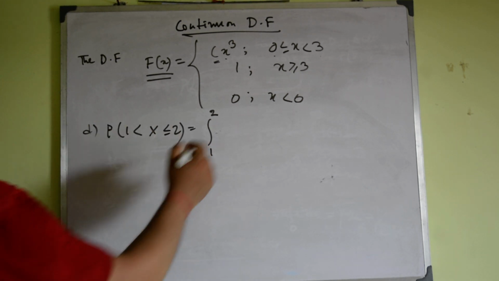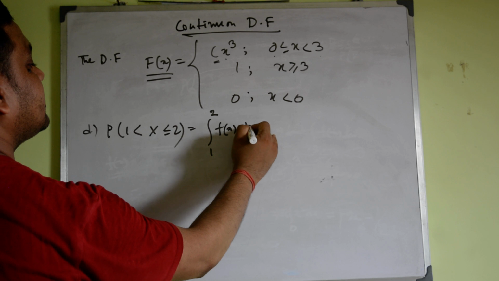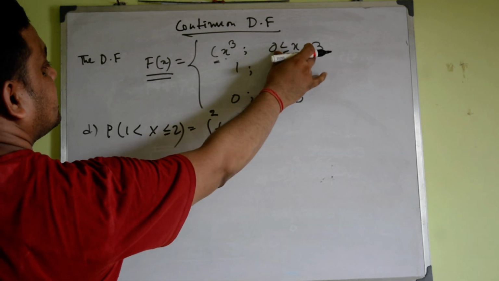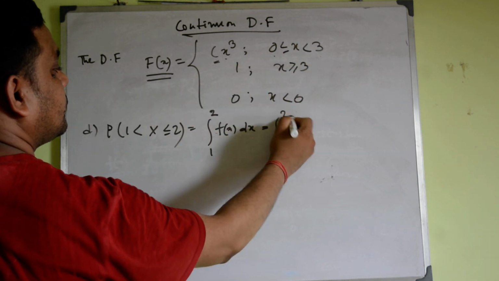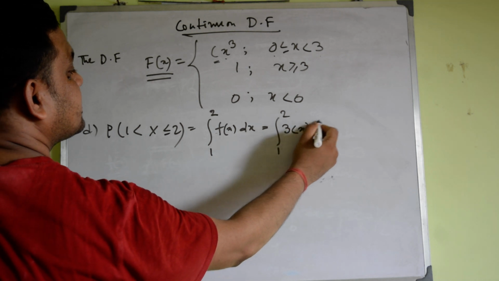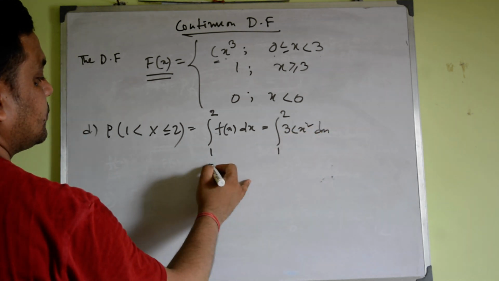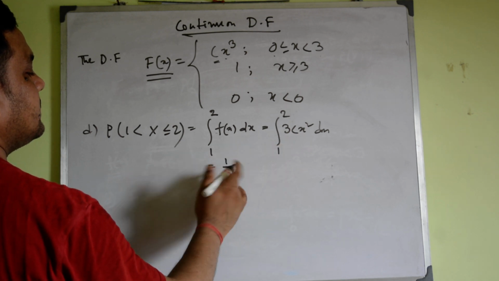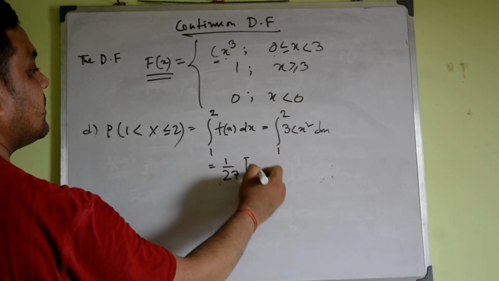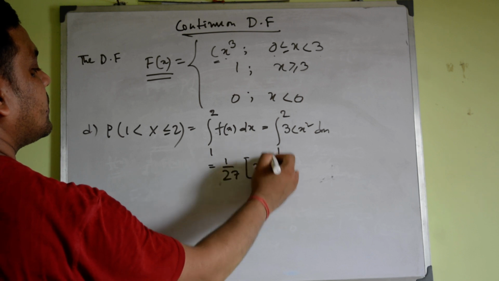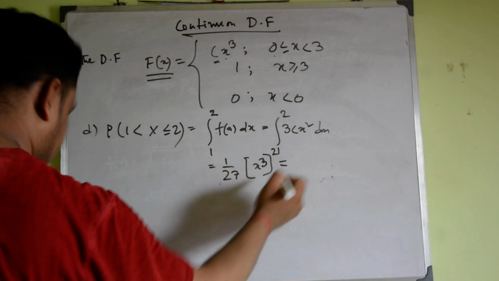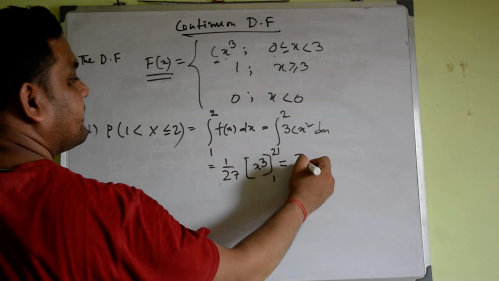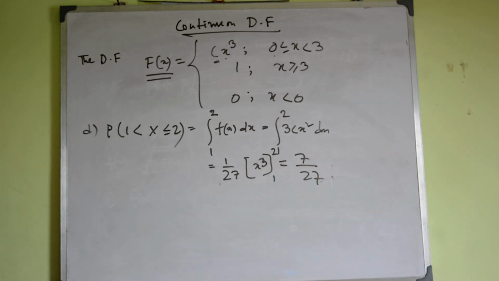The value is f(x) dx within that interval. So from 1 to 2, the value is 3c x square dx. You know c is equal to 1 by 27. So here 1 by 9, x cube by 3, that means 1 by 27 of x cube from 1 to 2. So that gives you 7 by 27. So that is your result.